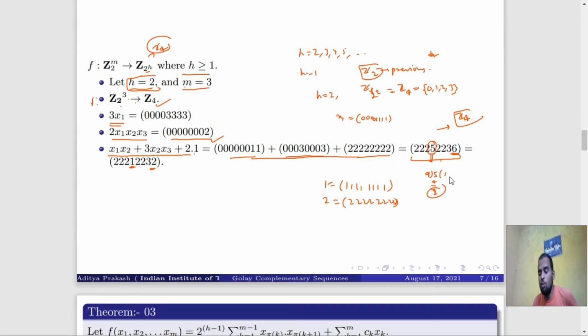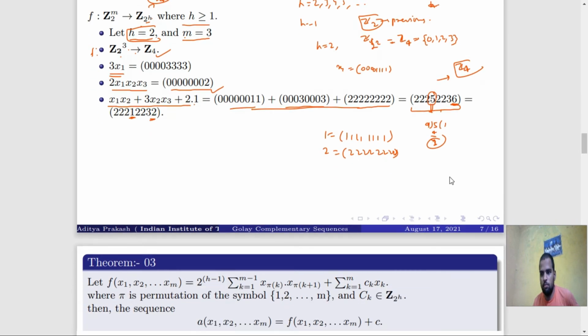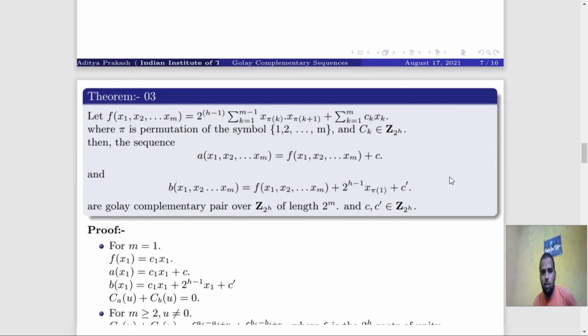Okay, now come to one more important theorem about a Golay complementary pair, that is very important.